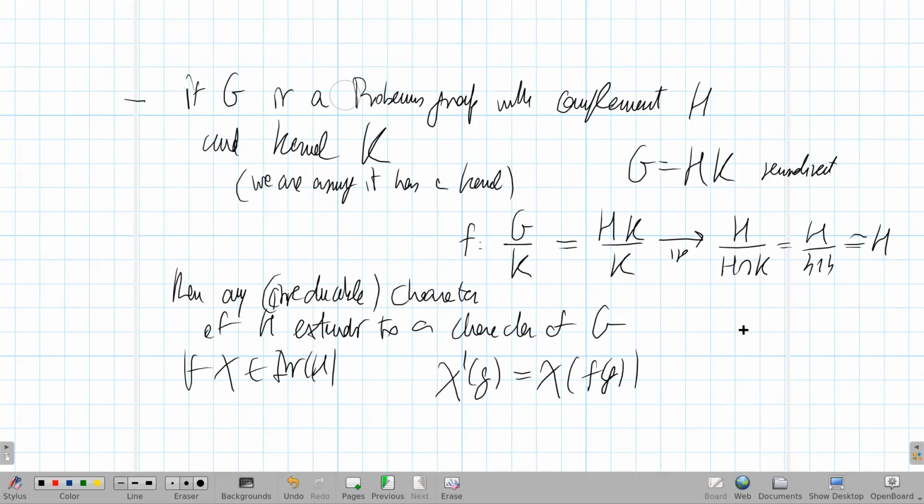The idea is you have the character, which is a function from H to C, or the representation, and here you have the function f. So you compose the two, and you obtain a character of G.